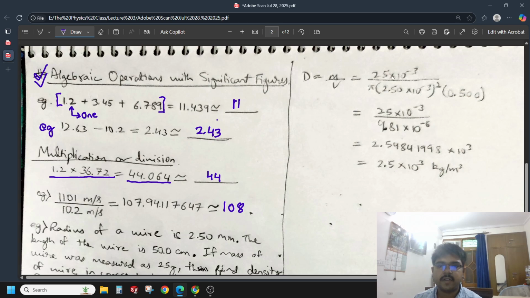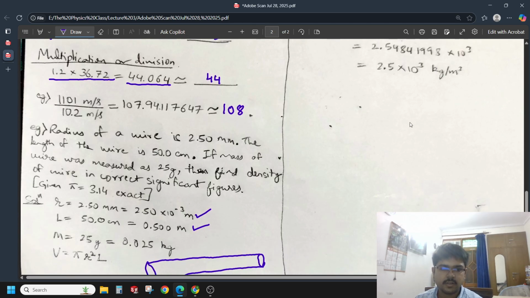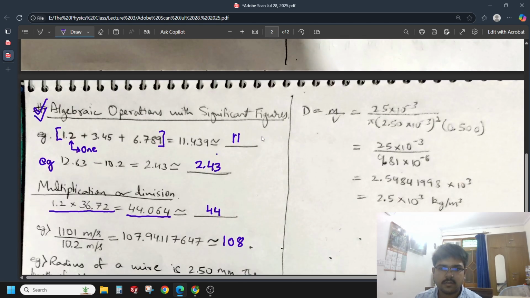Mass we are given 25 into 10 to the power minus 3, which is 2.5 into 10 to the power minus 3, divided by pi into 2.50 into 10 to the power minus 3 whole square.